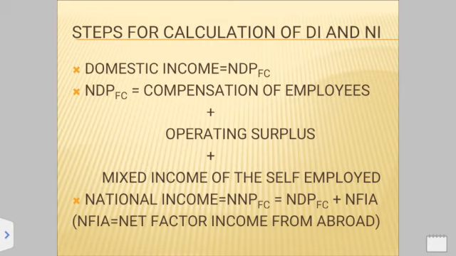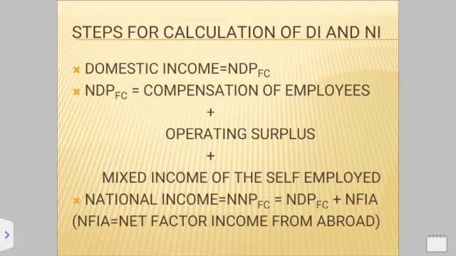Now after calculating the domestic income, the final step of estimating national income is to calculate national income. National income, we know, is net national product at factor cost. Already we have calculated NDP at factor cost, net domestic product at factor cost, and to reach national income, or net national product at factor cost, we simply add net factor income from abroad, because national income is the income earned by all the normal residents of the country in one accounting year.